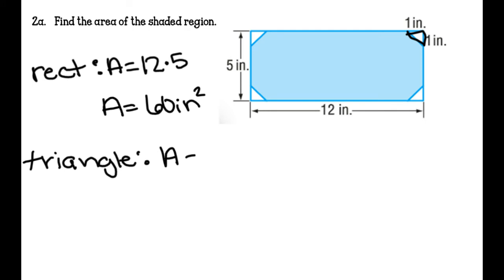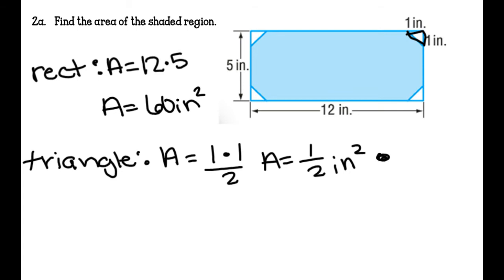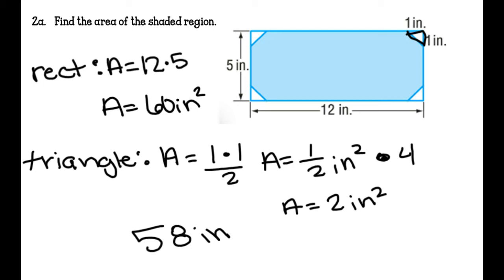Area equals the base times the height, divide by 2. So the area of this triangle is 1/2 of an inch squared, but there are 4 of them, so I'm going to multiply by 4. So the area of all the triangles is 2 inches squared. And I'm going to take 60 minus 2, and I get 58 inches squared for the area of the shaded region. Circle it, and that's my answer.